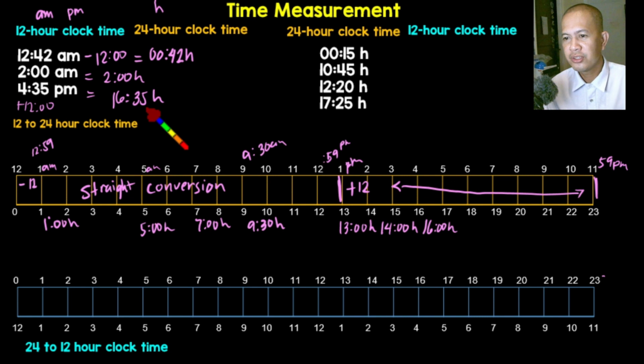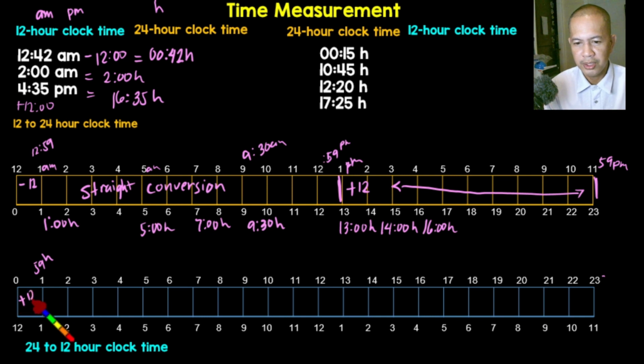Let's proceed to 24-hour clock time to 12-hour clock time. From 0 hour, or 12 midnight, to 59 hours, we're going to add 12.